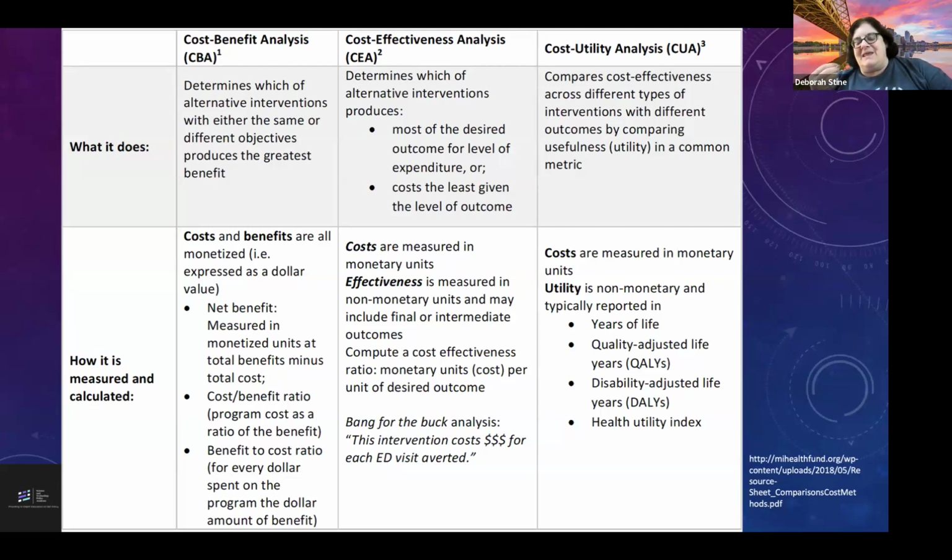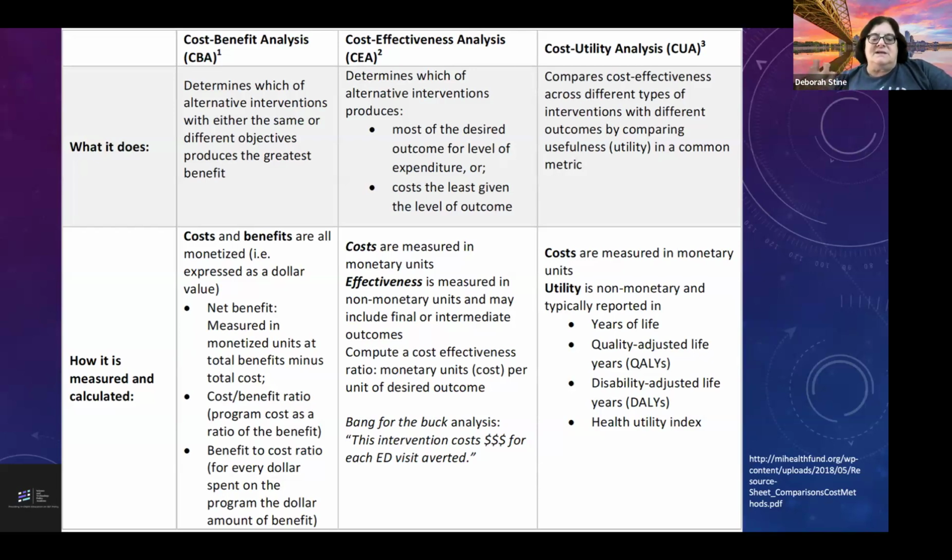That's going to vary by person in terms of what they want their quality of life to be. So you get people's opinions, and that's called cost utility analysis. You're looking at not just living longer, but the quality of the life as you live longer.